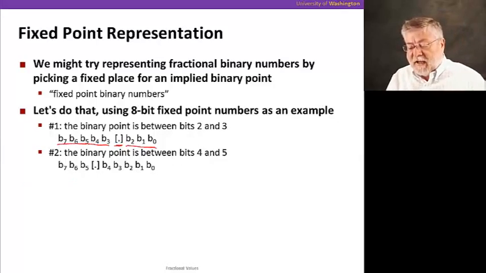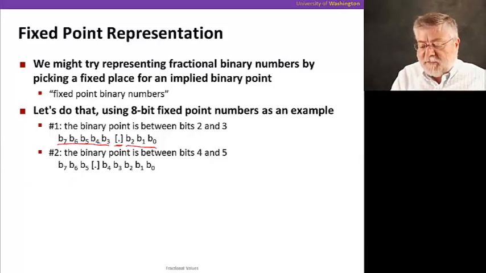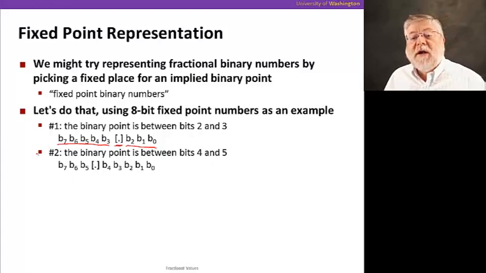What does that imply? That implies that we can represent up to the number 31 on the left. So we can get as high as 31.111. That would be 31 7/8, the largest number we could represent.